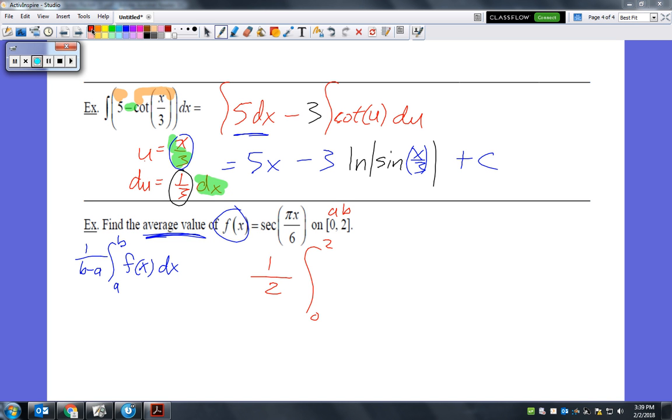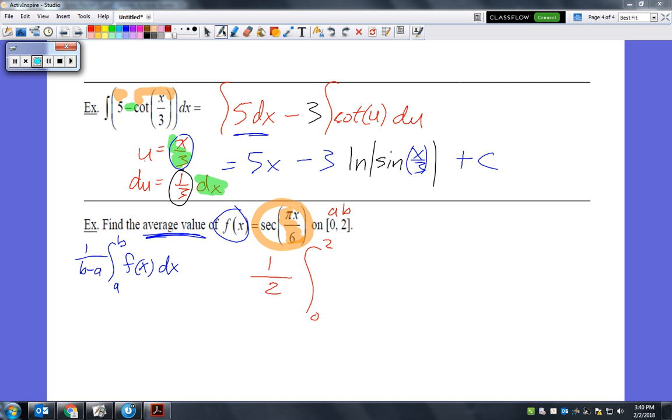We good? Okay. We're going to have to rewrite this, right? What piece of that says there's going to be some rewriting going on? Nice, the fact that the coefficient is not positive 1.